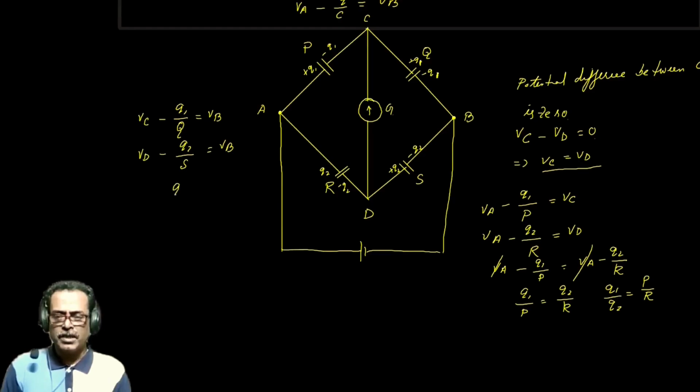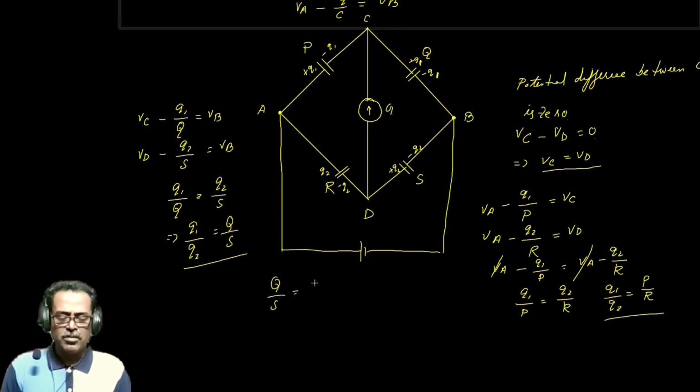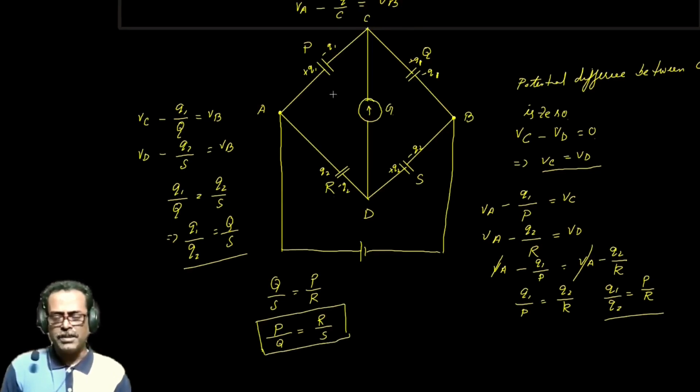Therefore, Q1 by Q is equal to Q2 by S. That implies Q1 by Q2 is equal to Q by S. From this relation, Q by S is equal to P by R. So P by Q is equal to R by S. Therefore, if the capacitances of the capacitors P, Q, R, S are related in this manner, then the potential difference between C and D will be 0.